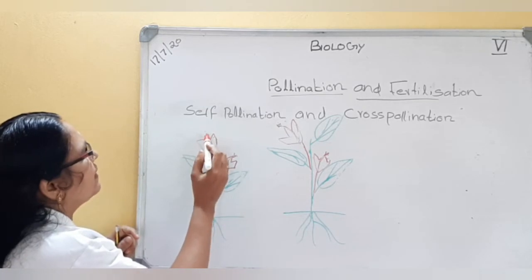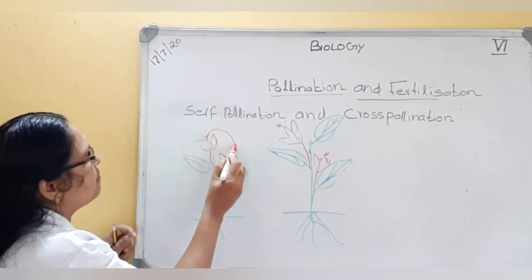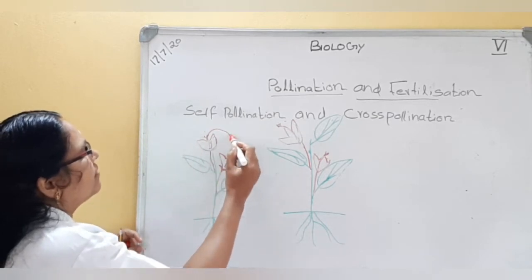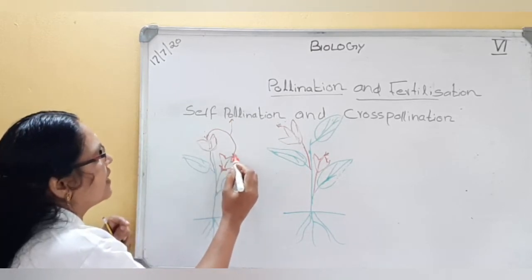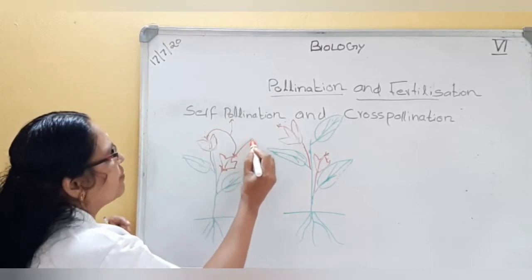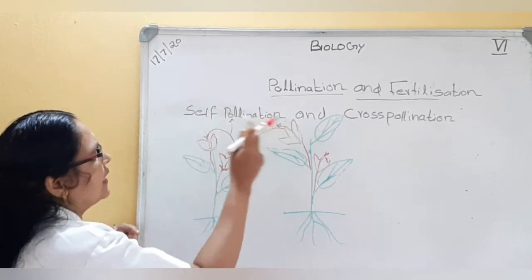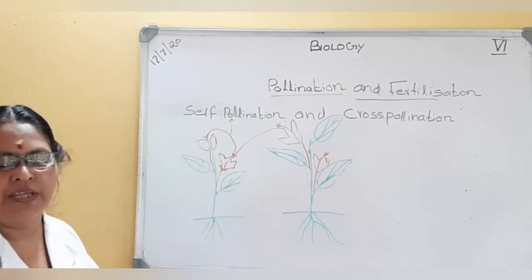So the pollen grains produced in the anther is transferred to the same plant here. Here is the same plant, and that is called the self-pollination. And the pollen grains are transferred to the other flower born on another plant. That is called cross-pollination. So from this plant to this plant, that is cross-pollination.